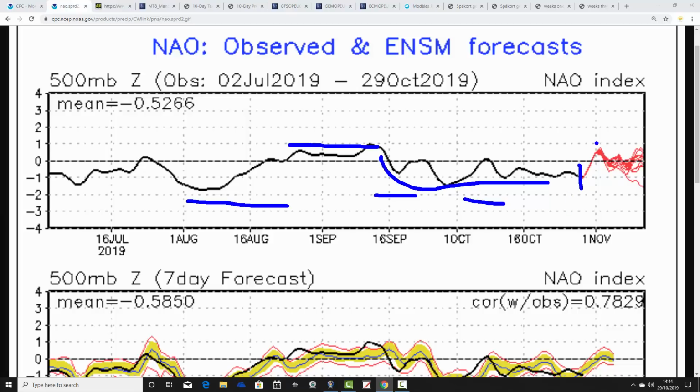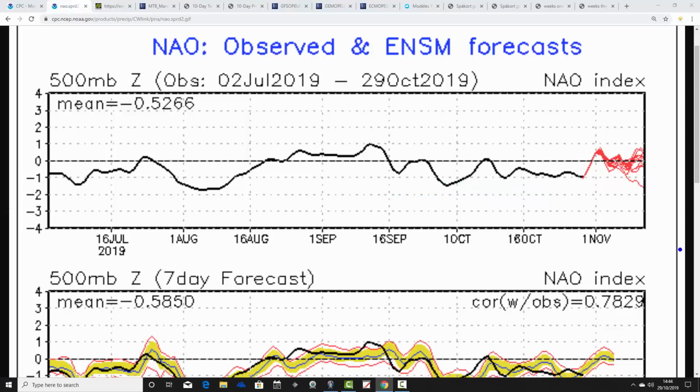Looks like the NAO is going to be popping up towards weakly positive territory again for the beginning of November. So both the AO and the NAO are going to be into weakly positive territory in around a week's time, into the beginning of November. But then after that, it looks like the NAO, if anything, is dropping away, although it's staying closer to neutral perhaps than it has been through a lot of October.